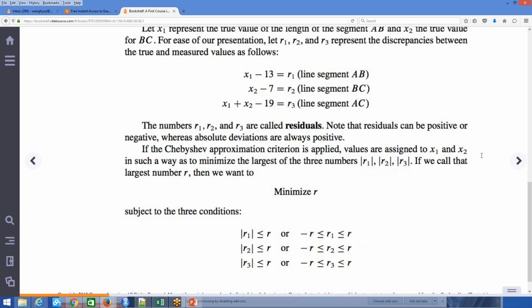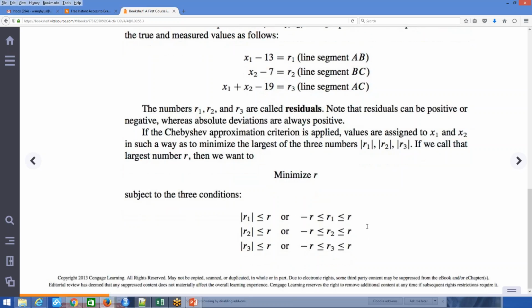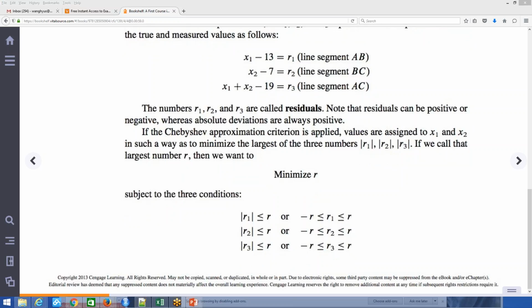So suppose we call the largest number R, then it's minimize R subject to the three conditions. The three conditions being R1 absolute value less than or equal to R, because R is the largest measured residual, right? Also R2 absolute value less than or equal to R, and correspondingly R3 absolute value less than or equal to R. So that's the minimization problem that we come up with.